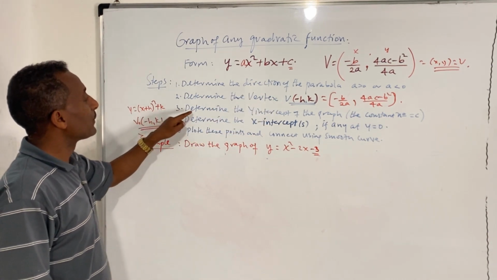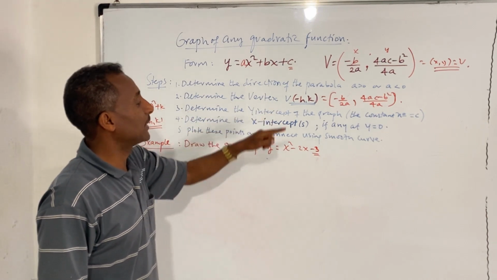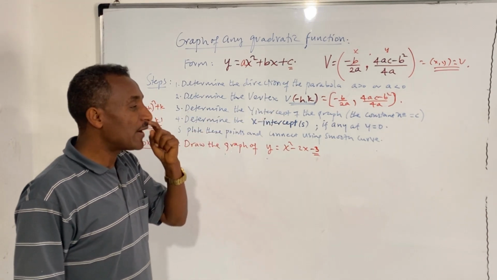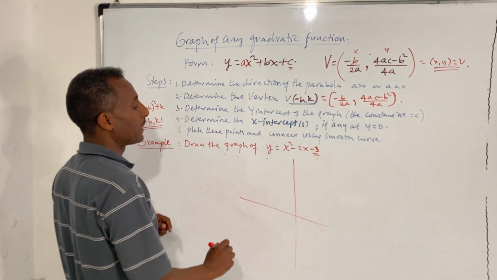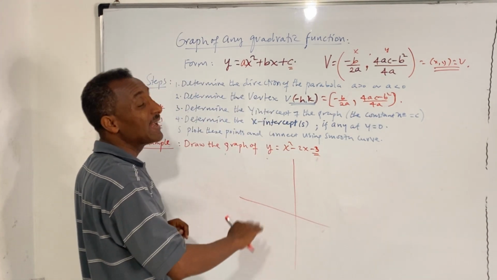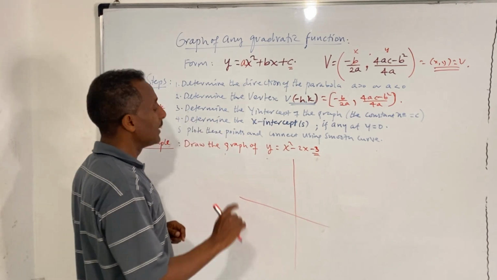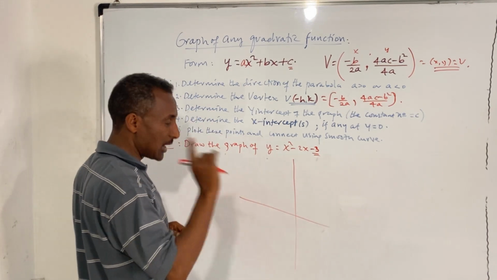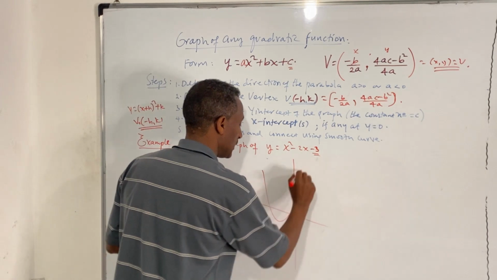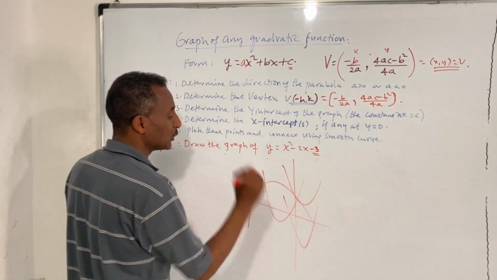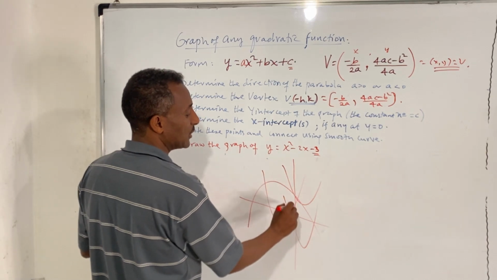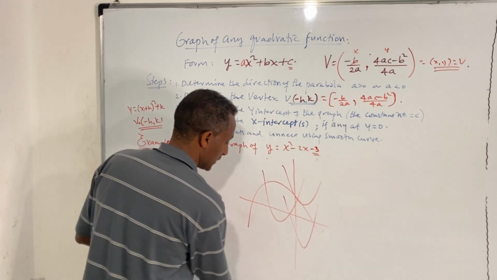The second one is to determine the y-intercept of our graph. Graphችን ማንኛውም the graph of any quadratic crosses the y-axis exactly once. Exactly, always exactly once. እንደዚህ ሊሆን ይችላል፣ እንደዚህ ሊገለበጥ ይችላል። ብቻ we are sure that the graph cuts the y-axis at one place.